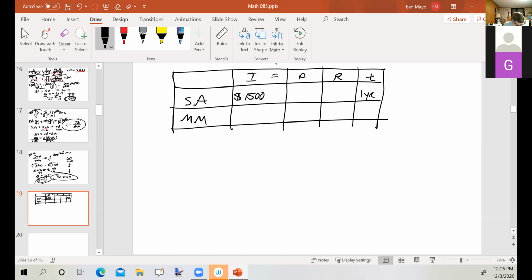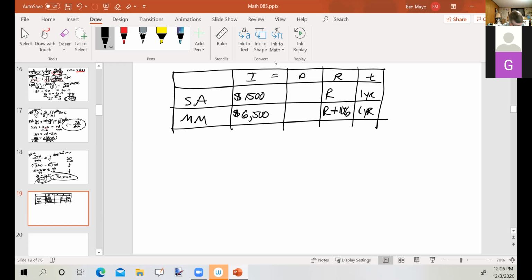That same amount of money invested in a mini mall development will earn $6,500 in 1 year. Because the interest paid is 10% more than that paid by the savings account. So if the savings account interest is R, the mini mall would be R plus 10%. Okay.